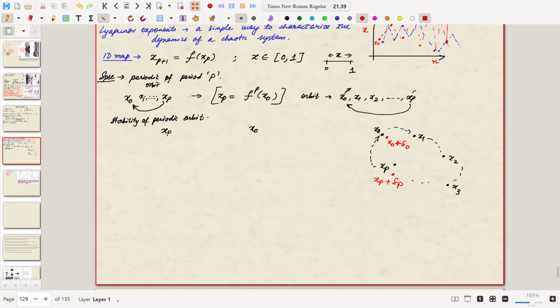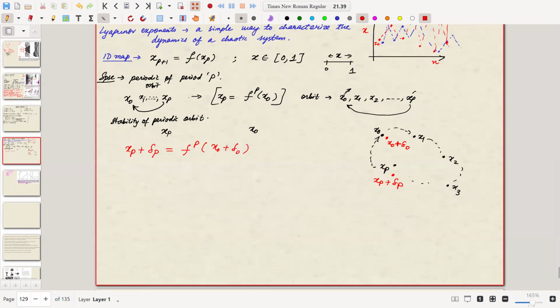What is xp plus delta p? xp plus delta p is nothing but you apply the p iterations of f to the disturbed point, that is f^p of x naught plus delta naught. So from x naught plus delta naught, you iterate again, you reach some other point, again some other point, and so on till you reach this point after p iterations. Got the idea?